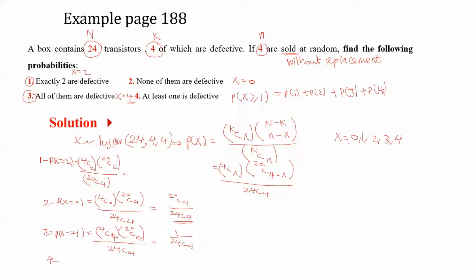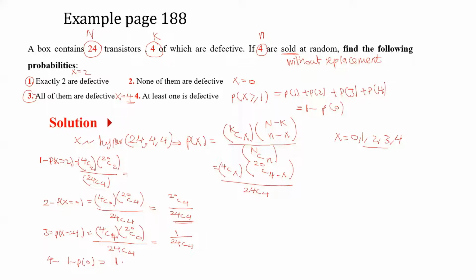Because X takes values 0 up to 4, it's all values except 0, so we use the complement, 1 minus P of 0. We already have P of 0.